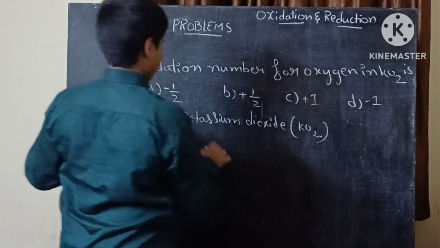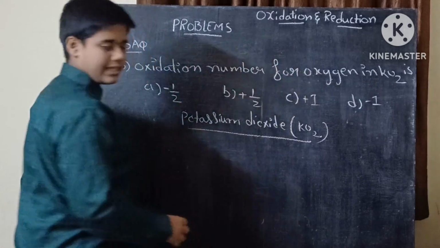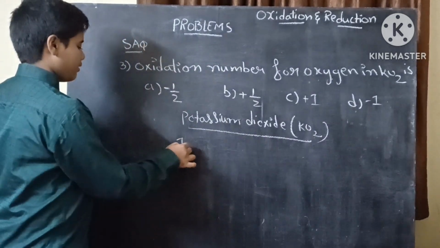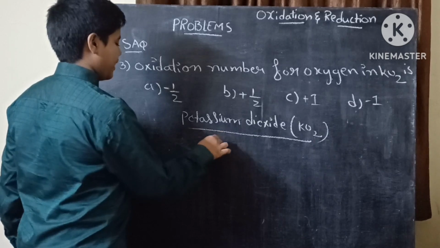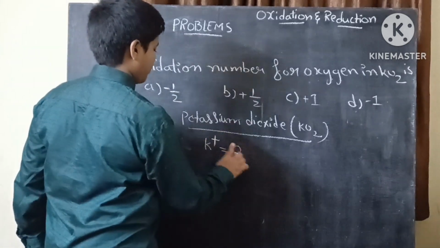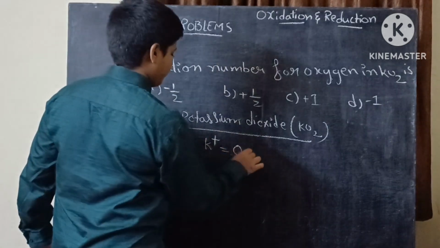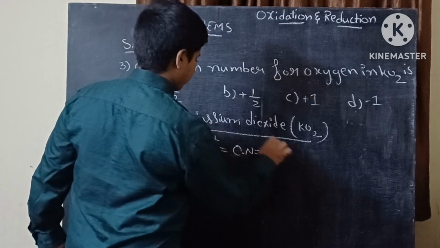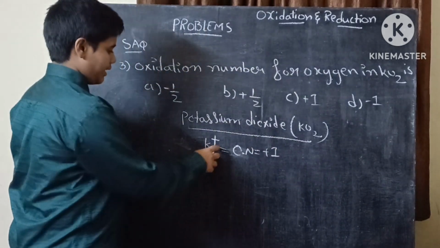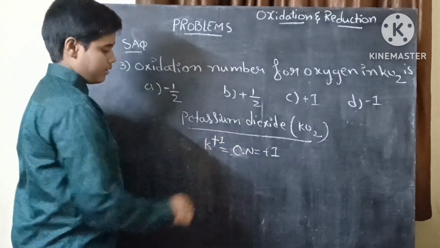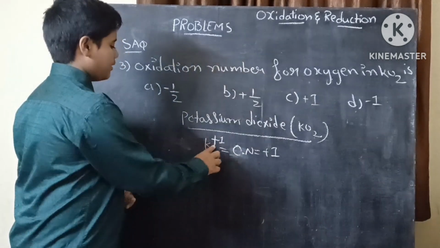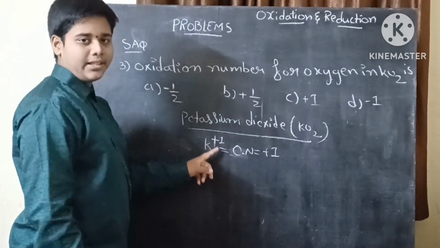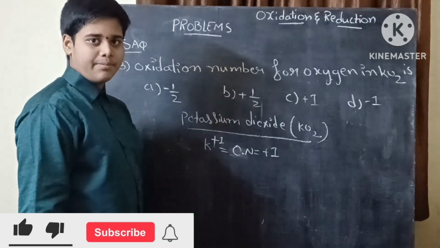For one potassium, the oxidation number is K plus, which means plus 1, because the residual charge present on the atom is the oxidation number.